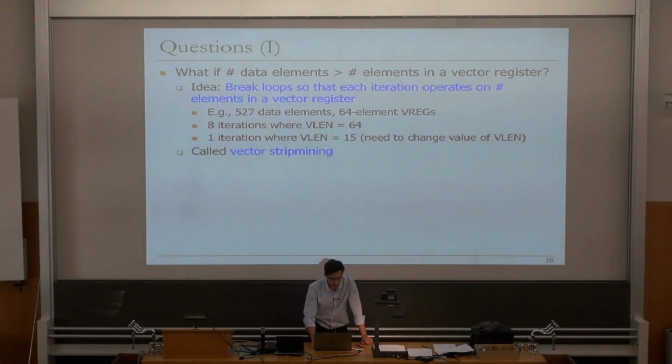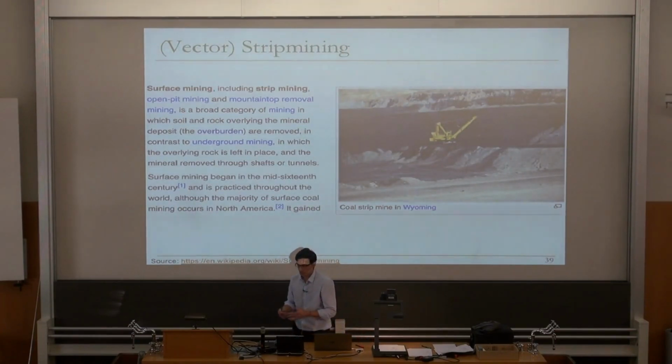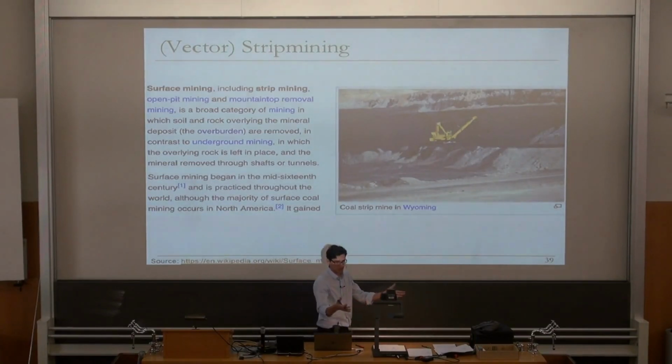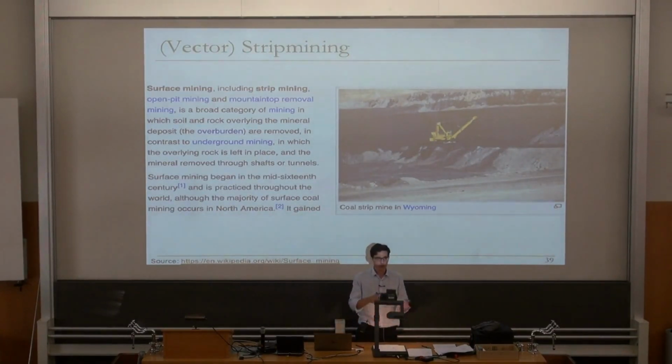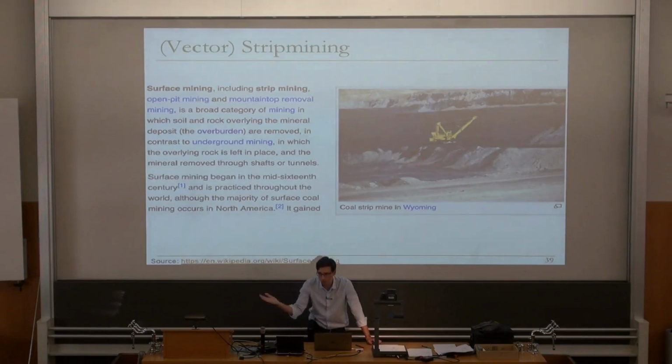This is what is called vector strip mining, and this concept is related to strip mining, that is a form of surface mining. Essentially it means that if you want to access the deposit where the mineral, for example gold, is, you have to remove all the residual materials that are on top of it, right? Like maybe sand or rocks or whatever. We have to remove them in order to go to what is really interesting.